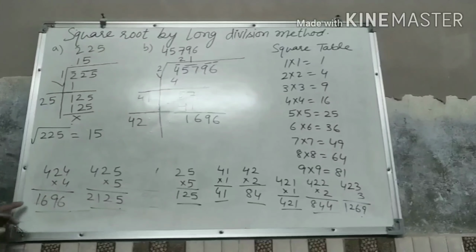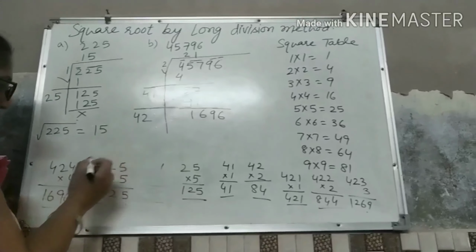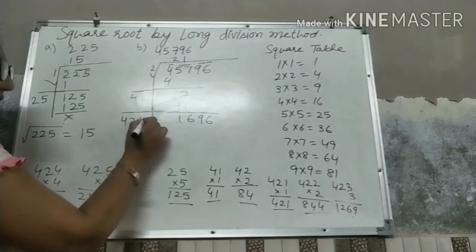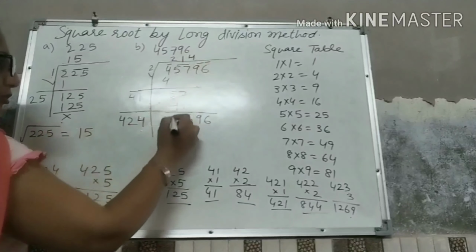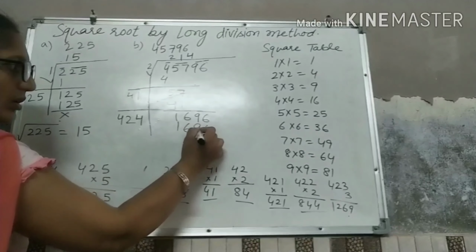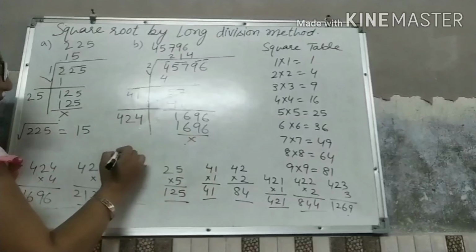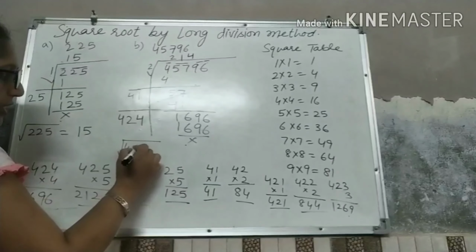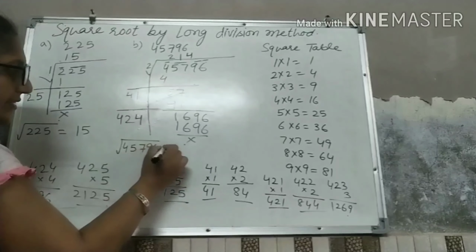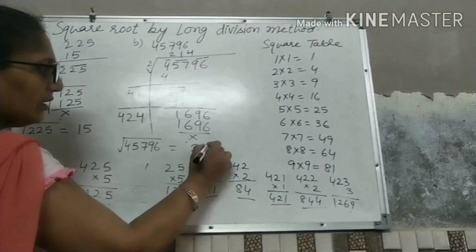So now you can check what will be the answer. So we will take here 4 and 4. So okay, this is the square root of 45,796 is equal to 214.